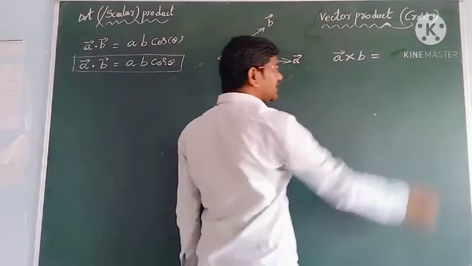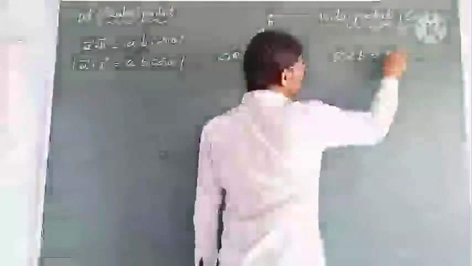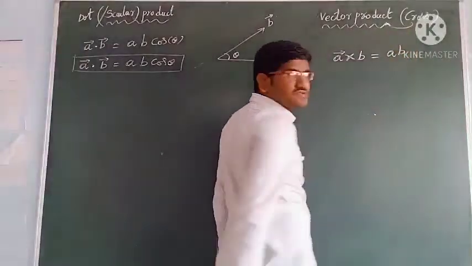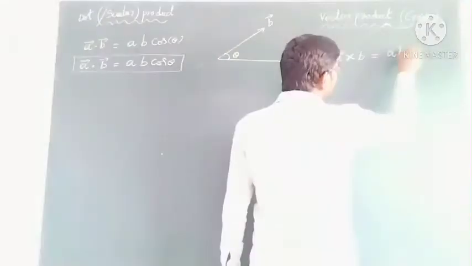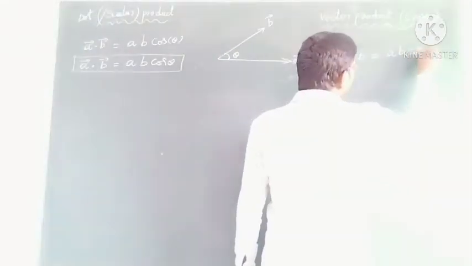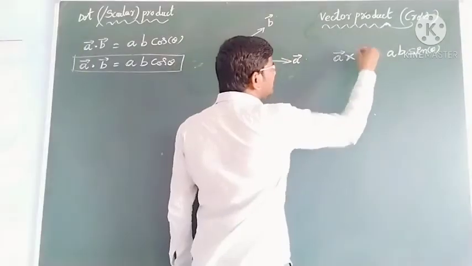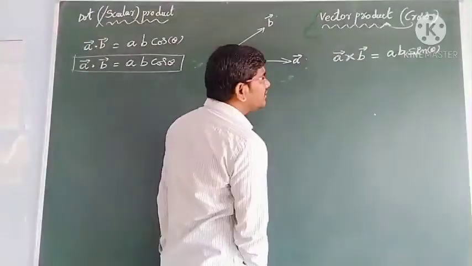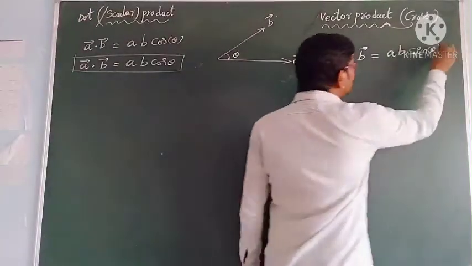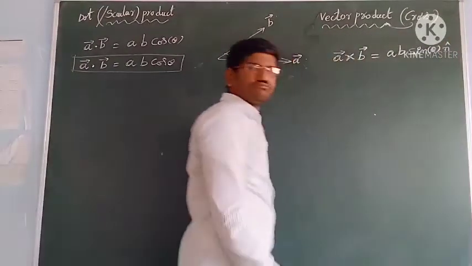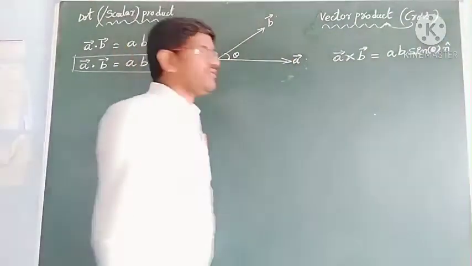You will get a vector only. A bar cross B bar is equal to the magnitude of the first vector into the magnitude of the second vector into the sine of the angle between them. So AB sin theta into n cap, which means it will be a vector only.